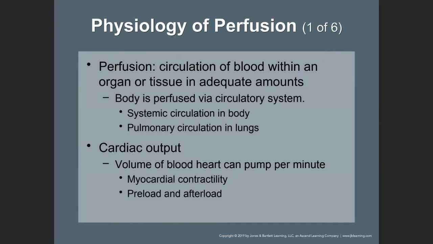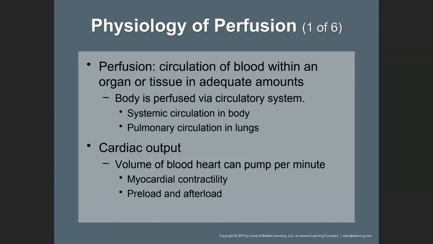The body is perfused via the circulatory system, and the circulatory system consists of the systemic circulation and the pulmonary circulation. So the systemic circulation, that's the circulation of blood within the body, and the pulmonary circulation is the circulation of blood within the lungs.